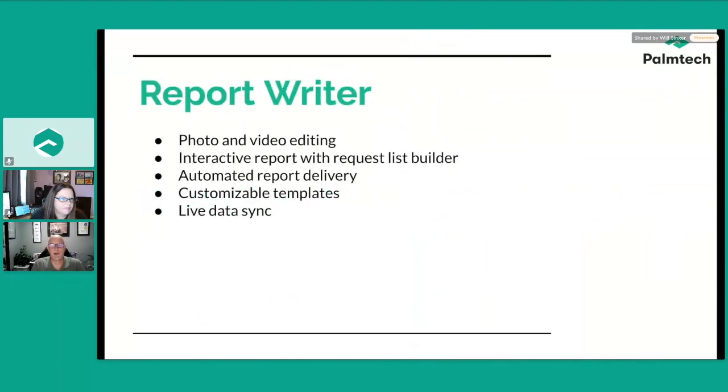When we talk about the report writer, we're talking about what you use in the field or when you're back at the office to complete your inspection report. And we'll talk about photo editing, interactive report, automated report delivery, customizable templates, and then live data sync. And we'll talk about what these things mean to you.